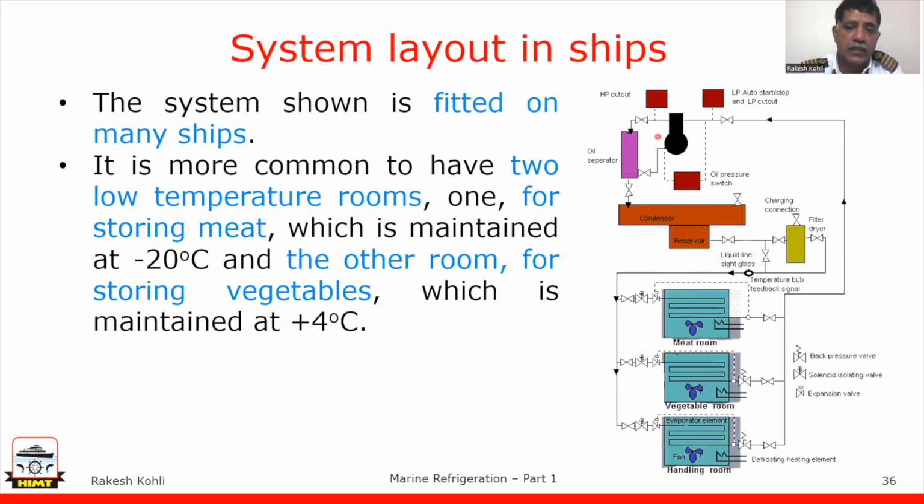It's a closed circuit, and it's a norm that the pressure inside the crankcase is connected to the low pressure side. That means the low pressure gas comes back and fills the crankcase, which is normally higher than atmospheric pressure.